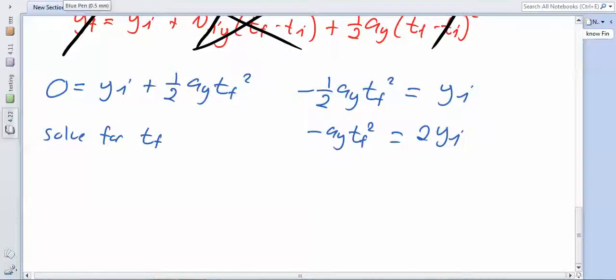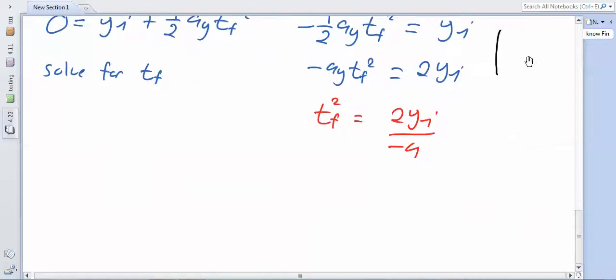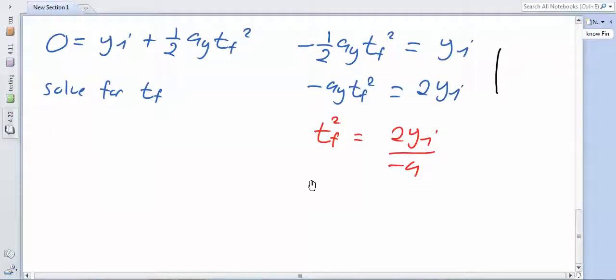Divide both sides by minus a sub y. So t sub f squared is equal to 2 y sub i divided by minus a sub y. And then finally we have to take the square root of both sides. So t sub f equals the square root of 2 times y sub i divided by minus a sub y.